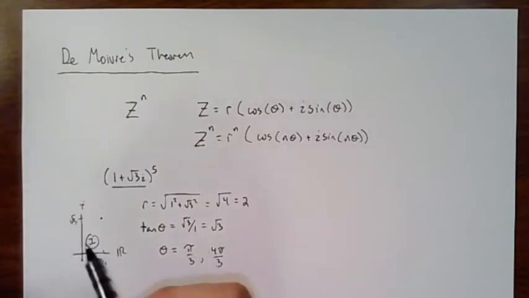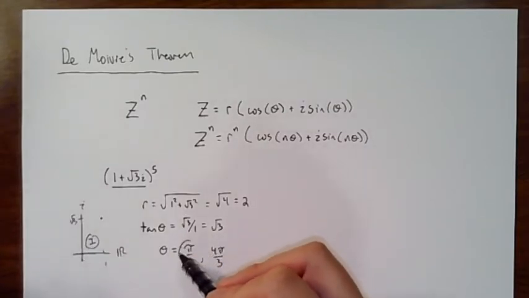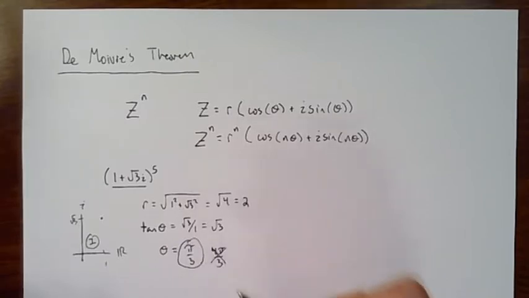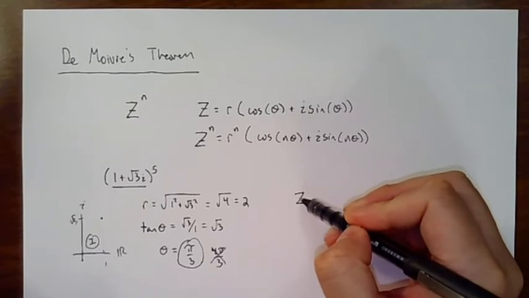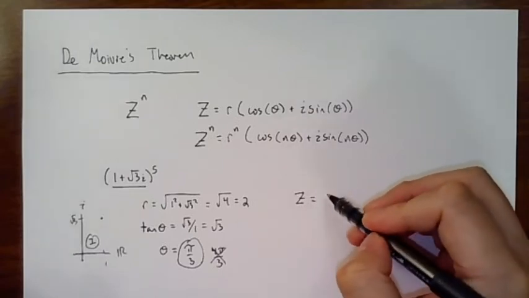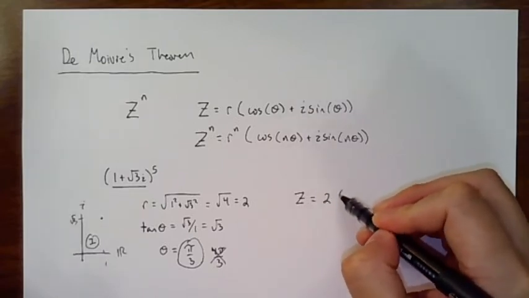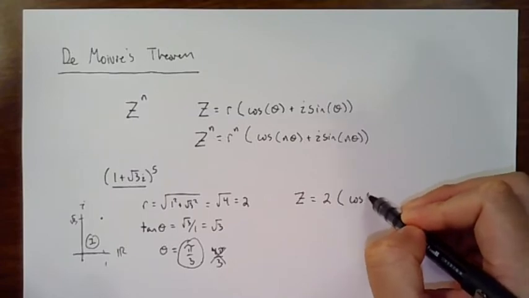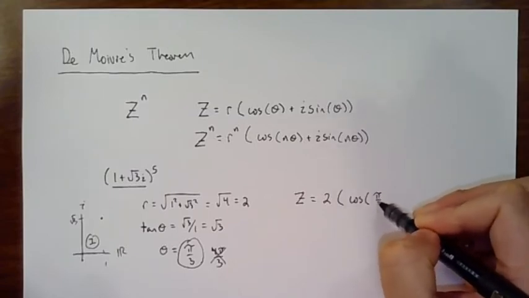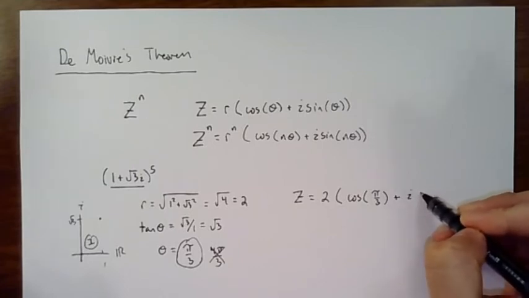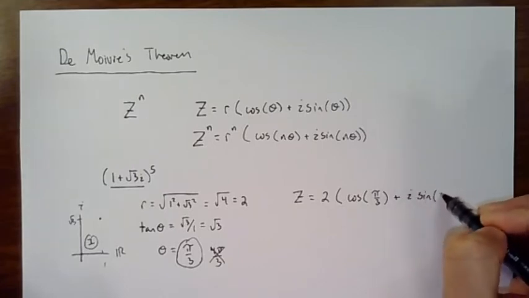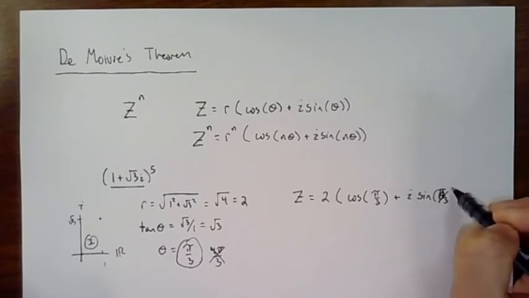But if we look at our diagram, we're in the first quadrant, so our angle should be pi over 3. So we can write our number as z equals r times the cosine of theta plus i times the sine of theta, where theta is pi over 3.